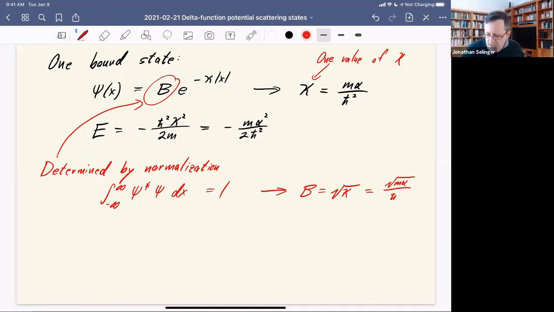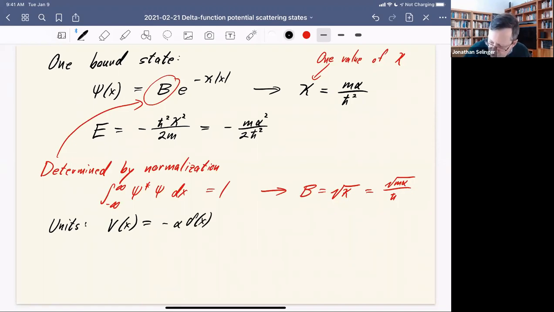What can we do with this? For one thing, we can check the units to make sure we haven't made any mistakes. That's always a good check. Remember, the potential energy is negative alpha delta of x.